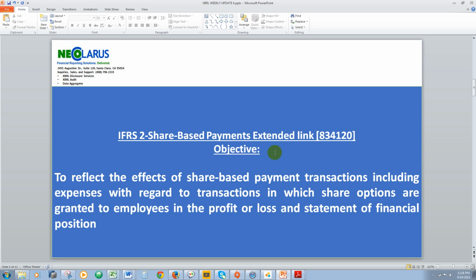So the main objective of IFRS 2 share-based payments is to reflect or report the effects of share-based payment transactions, including expenses, with regard to transactions in which the share options are granted to employees in the profit or loss and the statement of financial position. So that's the main objective behind this standard.